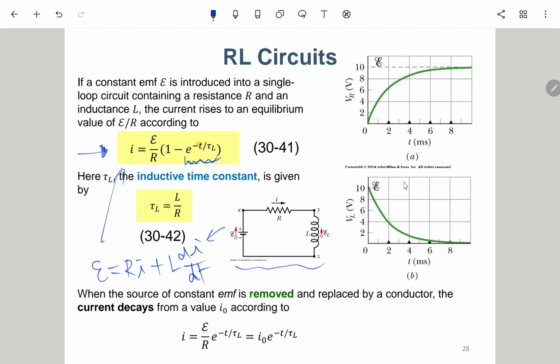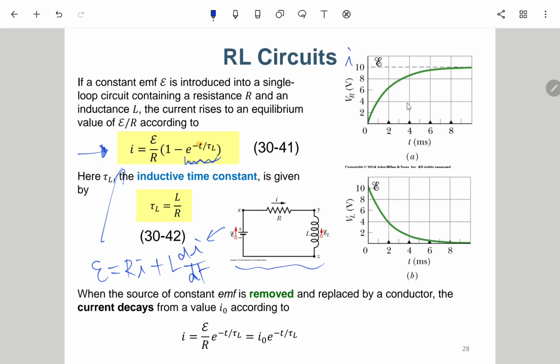It will be something similar to this. Yeah, because V equals IR. Although the scale is not the same, the shape of this formula will be like that.